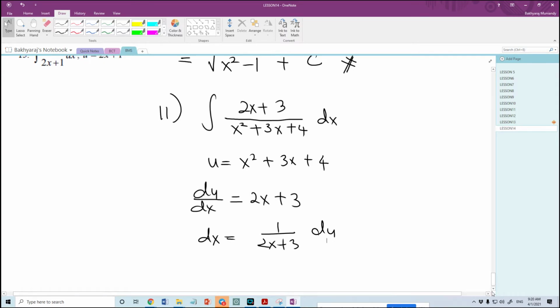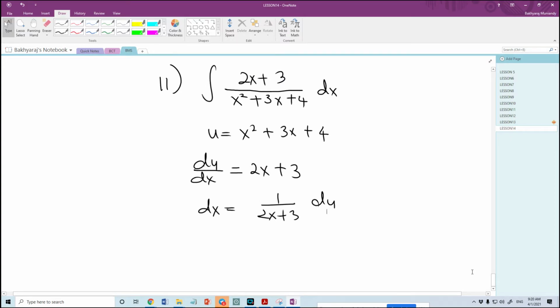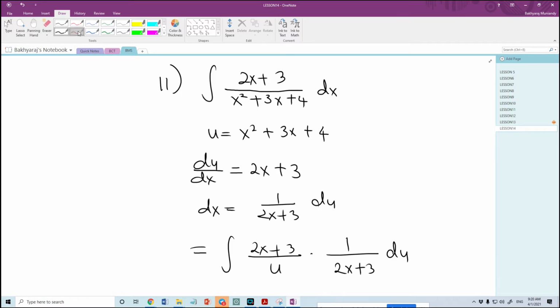So when we substitute, equal, integrate 2x plus 3 divided by u dot 1 over 2x plus 3 du. Okay, it's a very simple problem because you can just cancel this. Ini terus boleh potong, not the issue, because they are just the same factor divide.